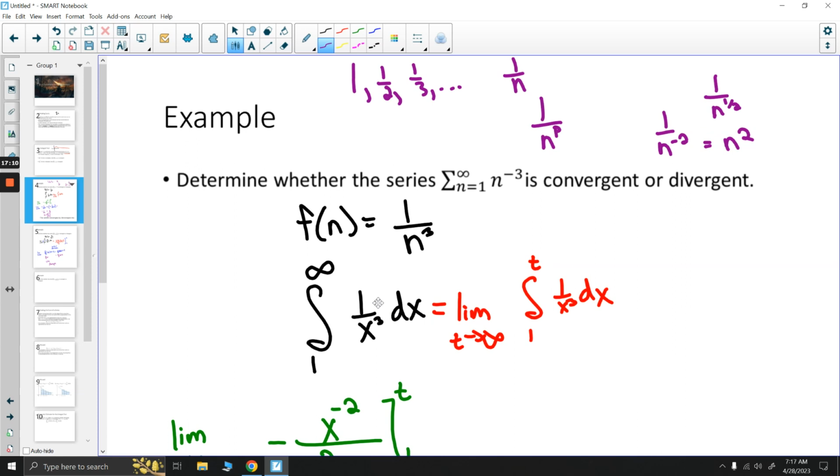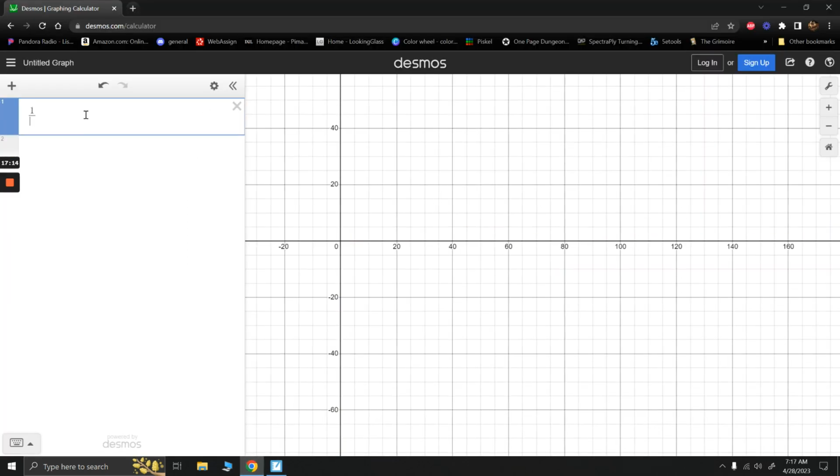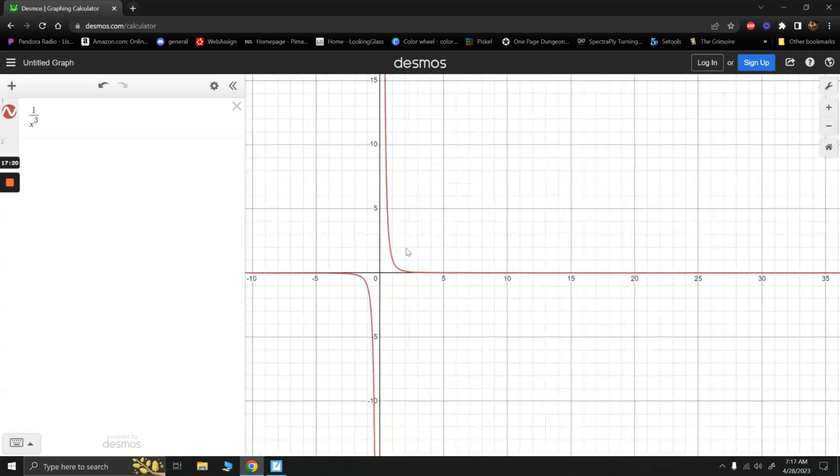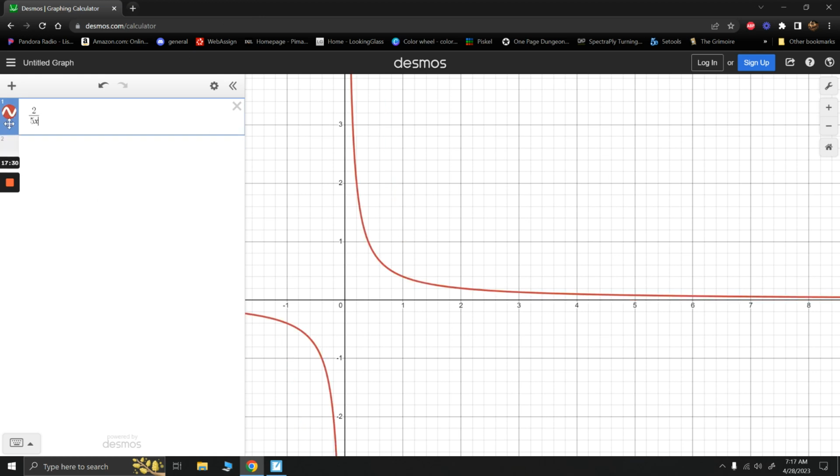Also, I've been neglecting to note that I take it for granted. The p series here, 1 over x cubed, is a positive decreasing function. So this one was positive and decreasing over 1 to infinity. The one we just got done doing, 2 over 5x minus 1, is positive and decreasing over that interval.